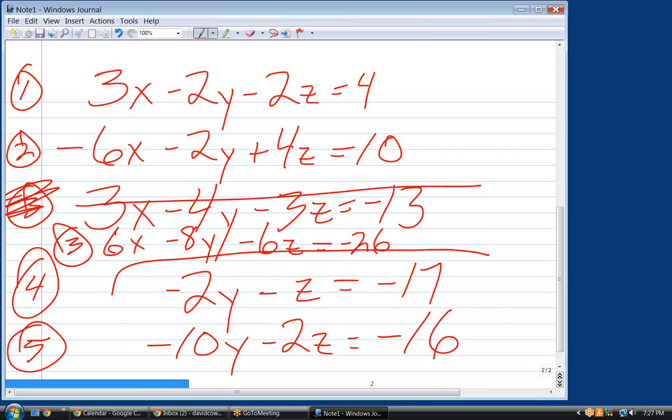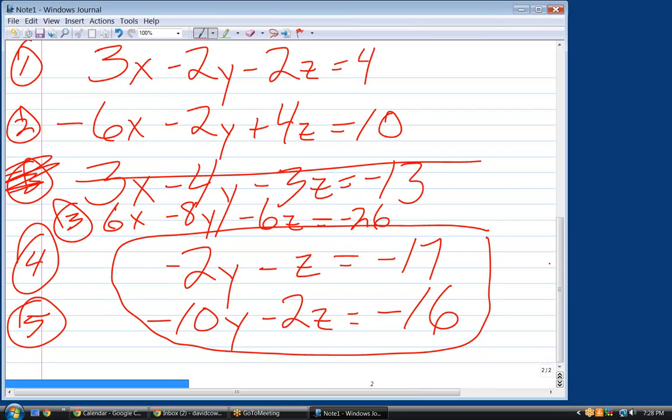Now the problem has become one of 2 variables and 2 equations. You know how to solve this, right? Yeah. In other words, let's go ahead and carry it to fruition here. So let's solve 4 and 5 now.